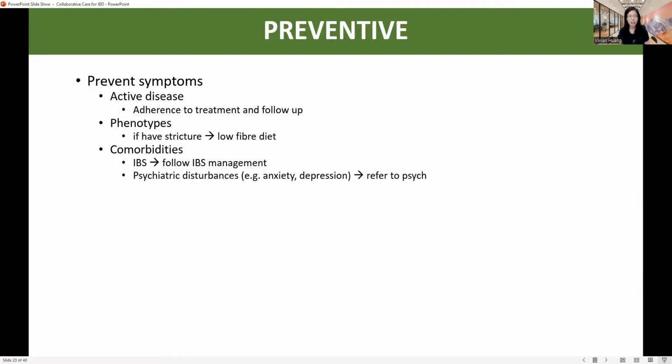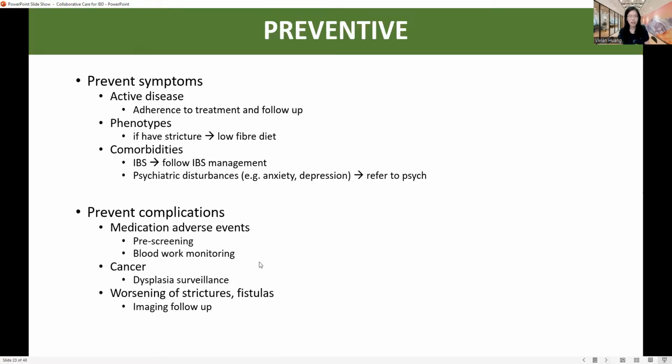And then again, for psychiatric comorbidity, we should survey our patients and flag that routinely so we can get them the care they need. And then, of course, if you can prevent complications, then it would prevent those sequelae of adverse events.